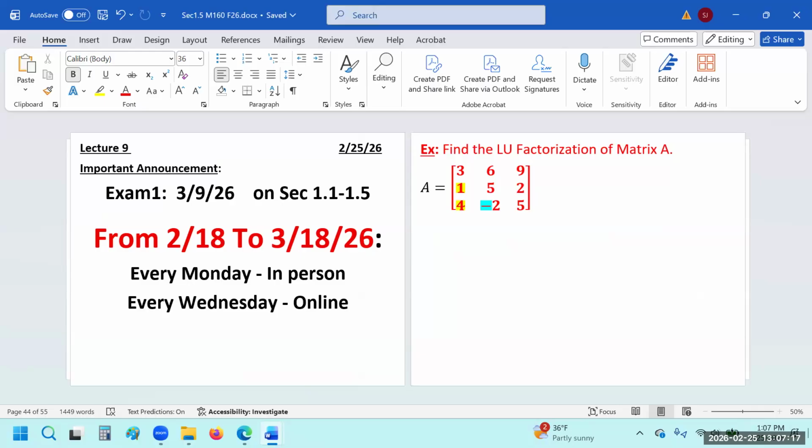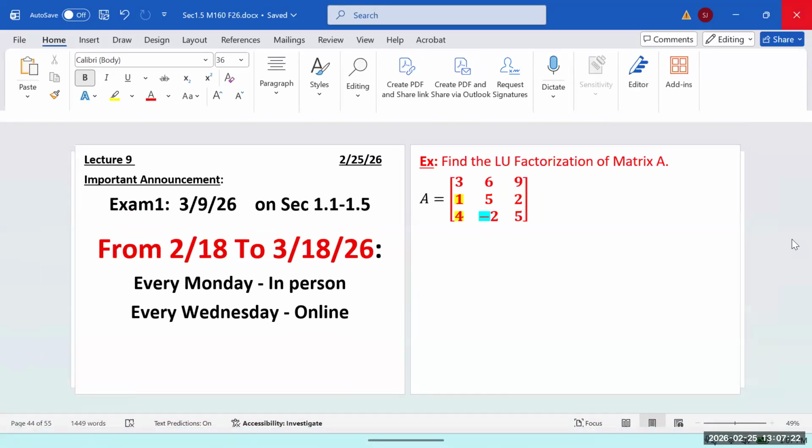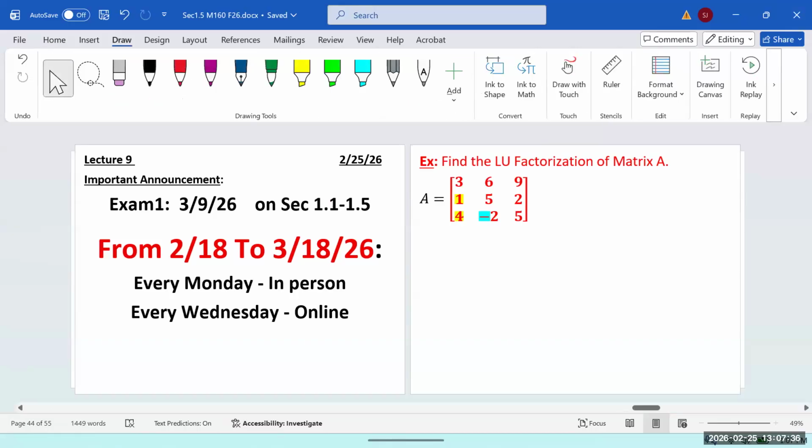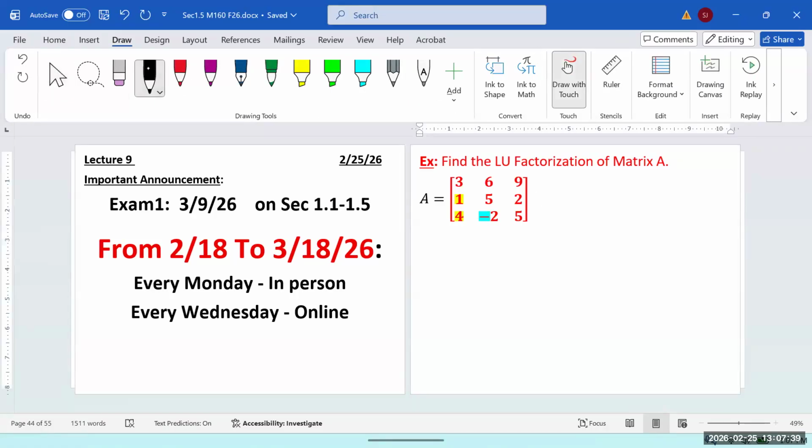So let's start this question. We have a matrix with rows 3, 6, 9; 1, 5, 2; and 4, -2, 5. Our goal is to convert this into an upper matrix. That upper matrix has the exact same first row as the original one, so we'll have 3, 6, 9.